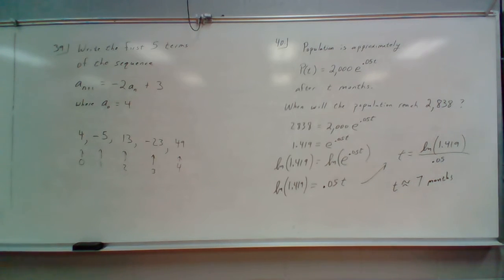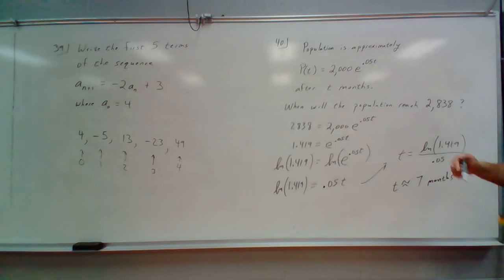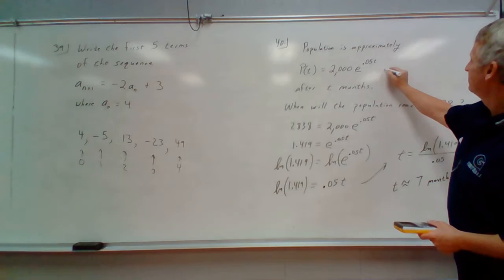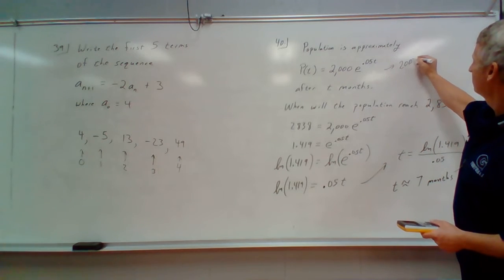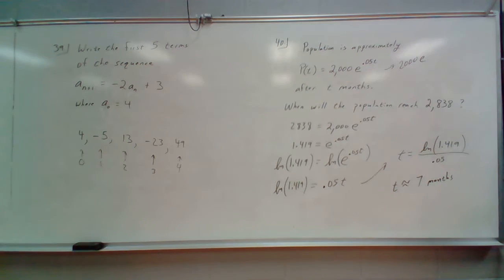Right. Let's check that, make sure it really works, because if we have multiple choice, we could just plug in numbers and see. So if I put a 7 in for my t, that would give me 2,000 e to the 0.05 times 7, which is 0.35.